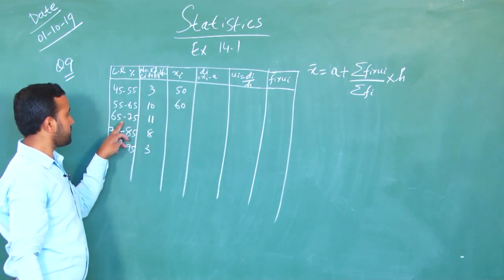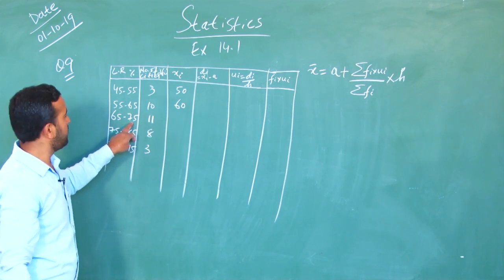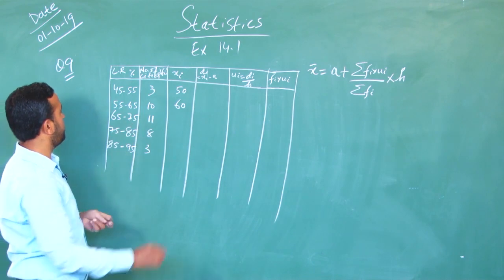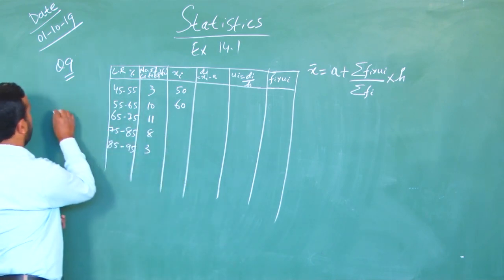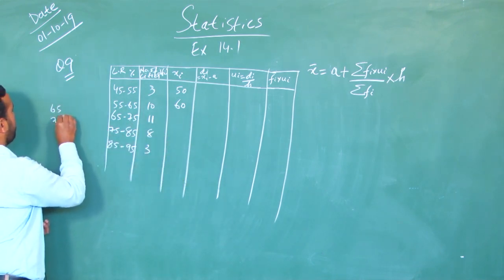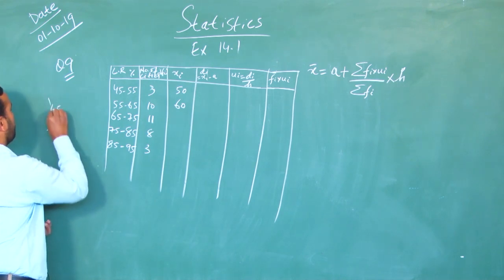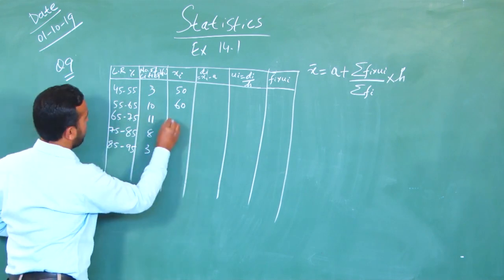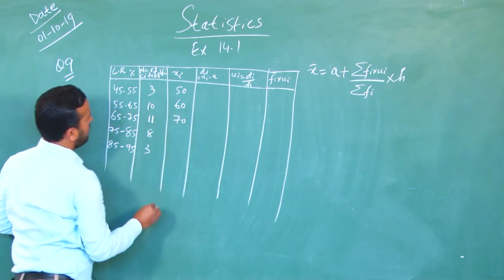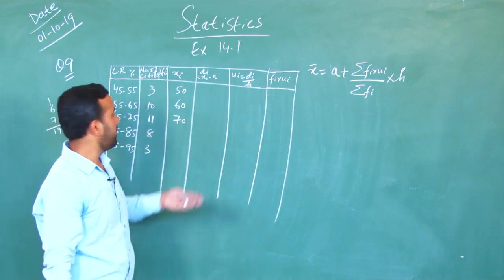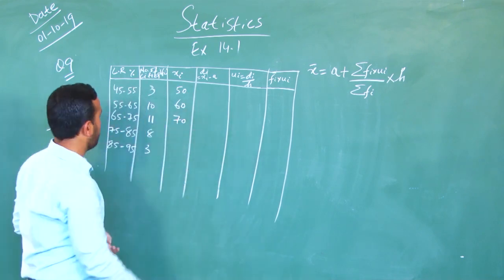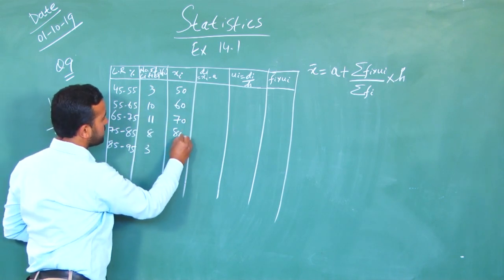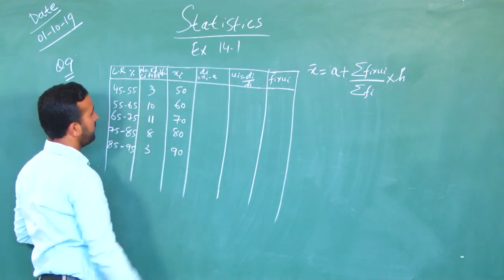Likewise, we have 65 plus 75, that is 140 divided by 2, that will be equal to 70. And you can see the common gap is maintained between the data values. It is 50, 60, 70, then we'll go to the next values 80 and 90.